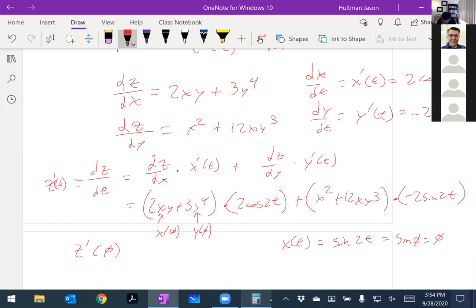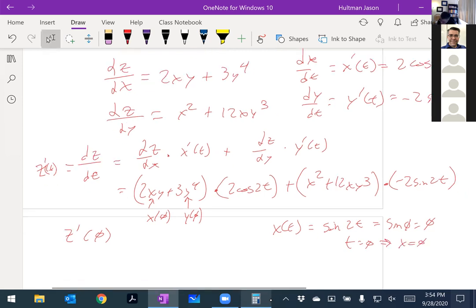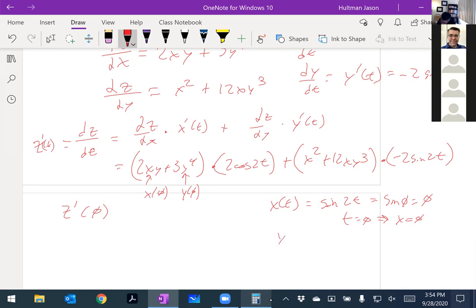So x is 0 when t is 0. And then what's y? y of t is cosine 2t, which is the cosine of 0, which is 1. So this implies that x is equal to 0 and y is equal to 1.